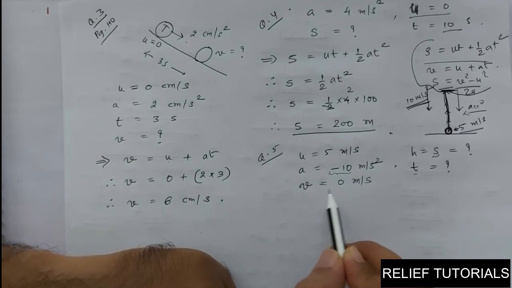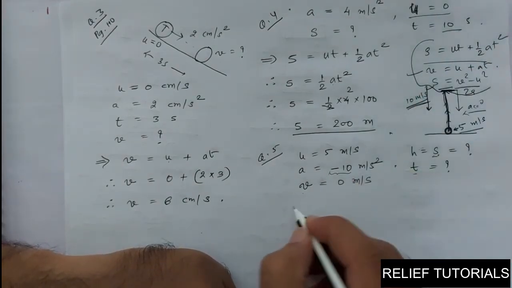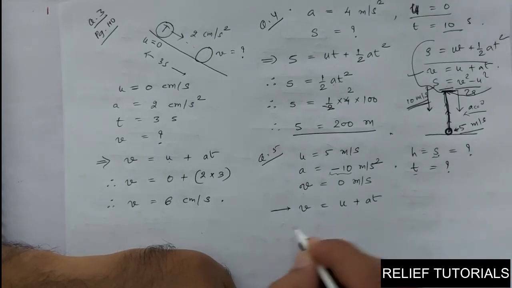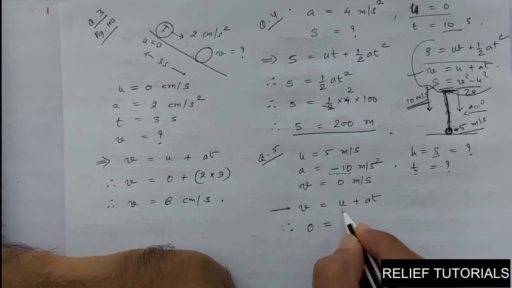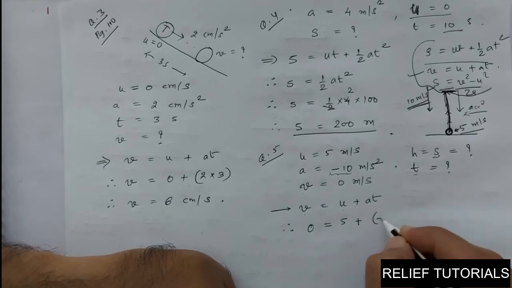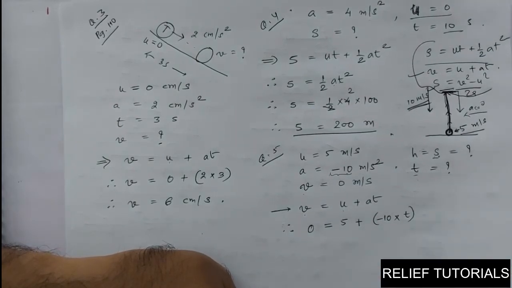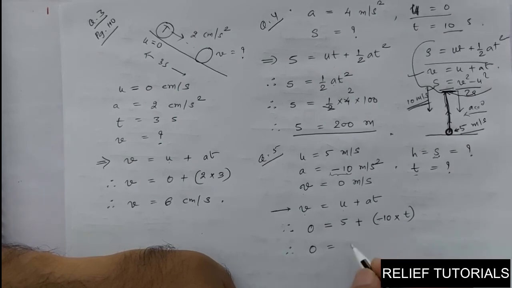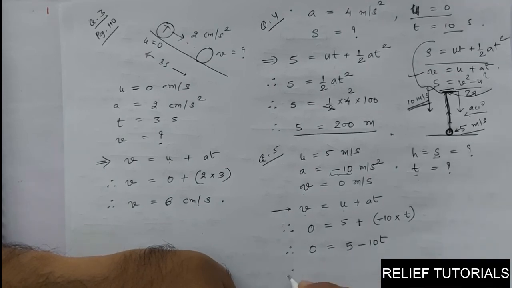And now that we have V, I think you can use this formula, V is equal to U plus AT, and find T. V is 0, equal to U is 5 plus A is minus 10 into T. Therefore, 0 is equal to 5 minus 10t.